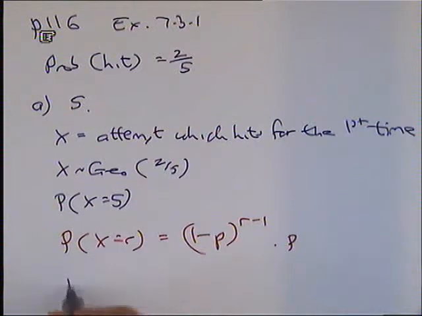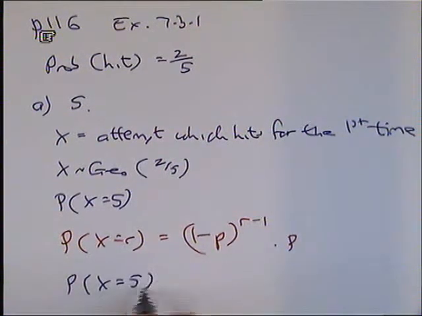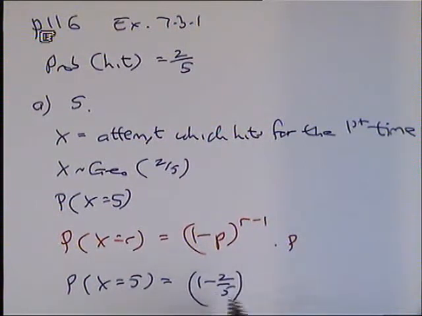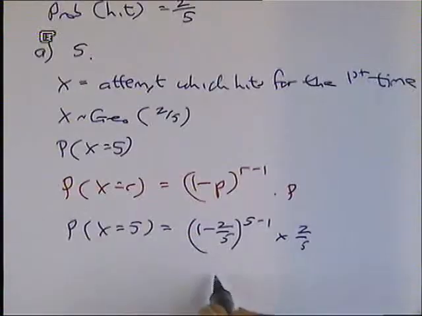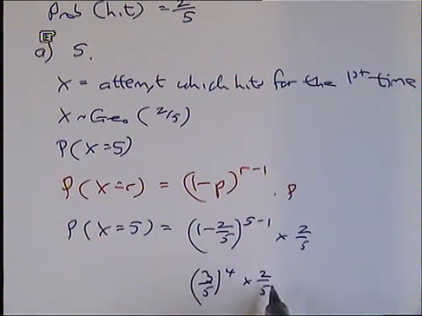So for this question, the probability that X equals 5 is (1 minus 2/5) to the power of 5 minus 1, times by our 2/5. So that's (3/5) to the power of 4 times by 2/5. And if you work that out, you get 0.0518.